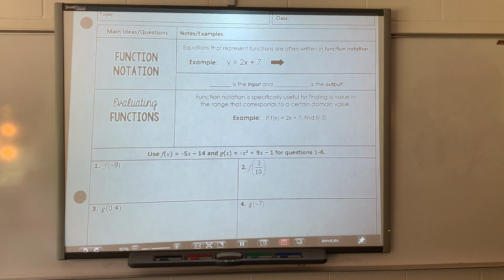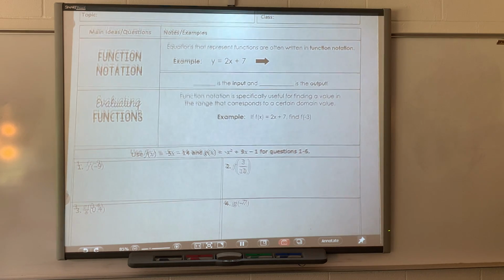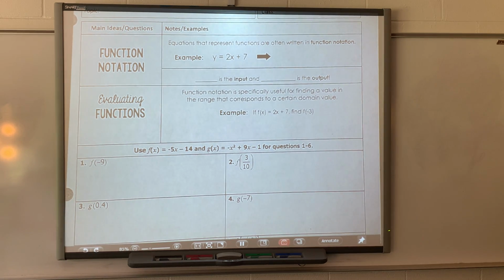Alright, so today we're going to look at function notation and then evaluating functions. That's where we're at today. We did look at this in Algebra 1, or somewhat. We're just still a little more in depth here.